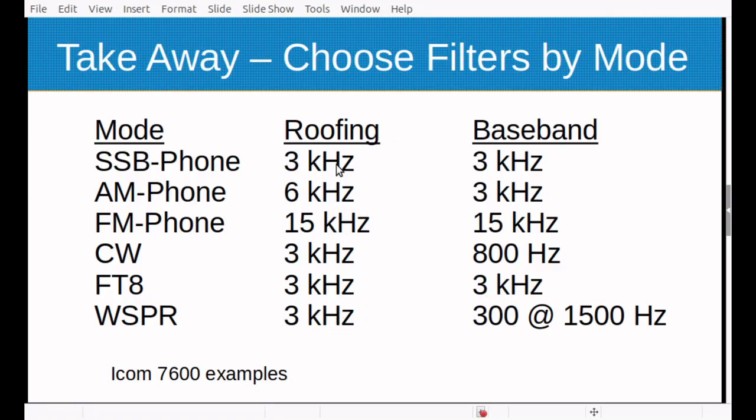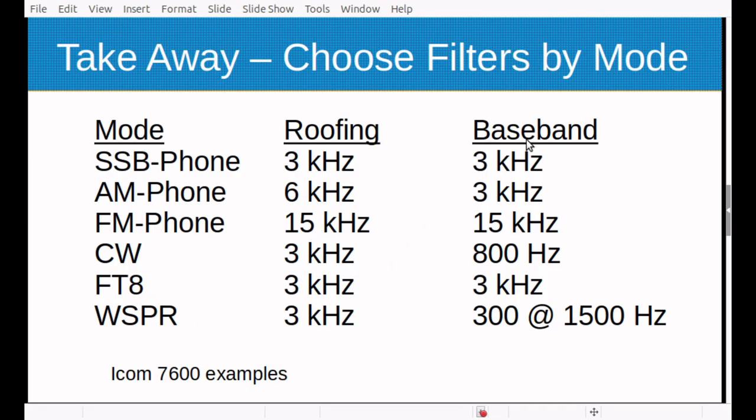So if you think in the time domain, if you have spurious signals that you're sending to the mixer and onto the audio, then you're going to have a lot of noise, and that's going to increase the peak-to-peak measurement of that audio. That has to be converted in the A to D converter. So spurious energy that goes to the computer is going to result in quantizing distortion. So pick a good roofing filter that fits the mode you're using.